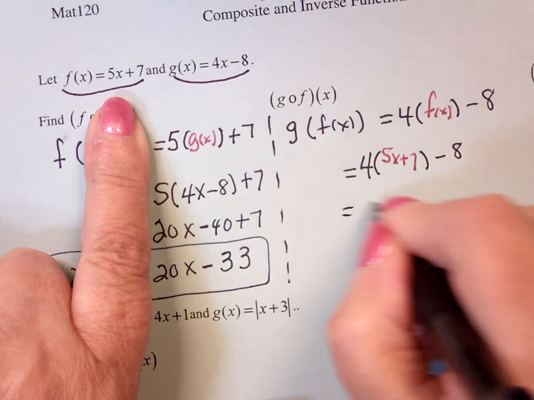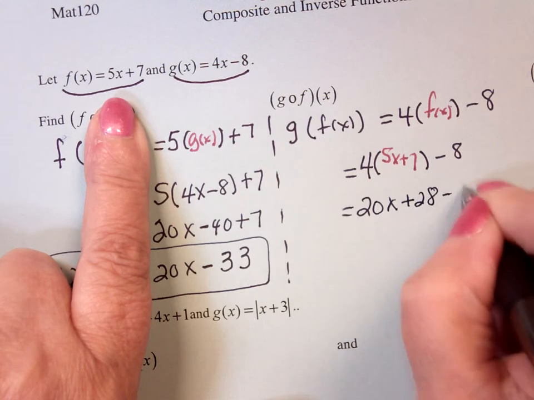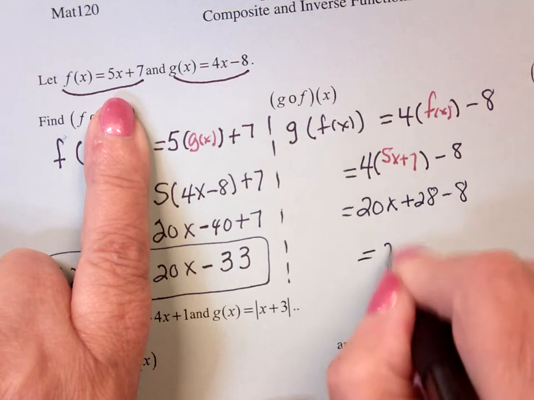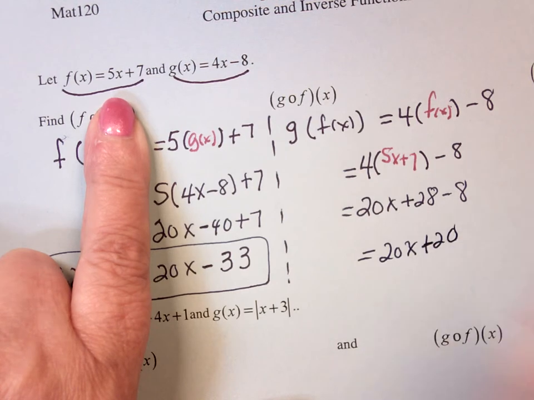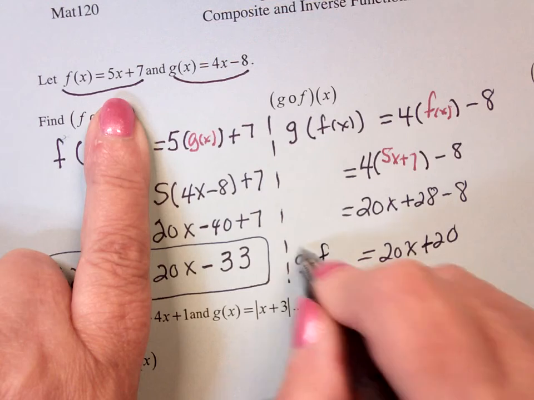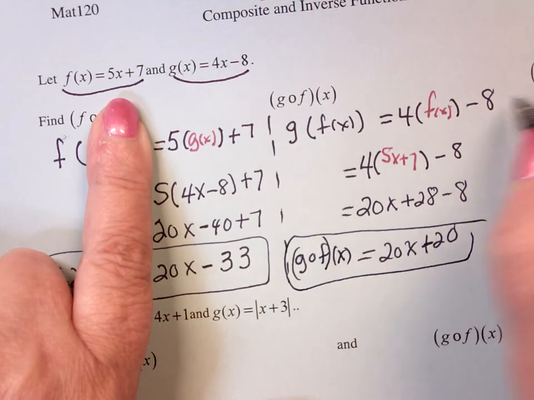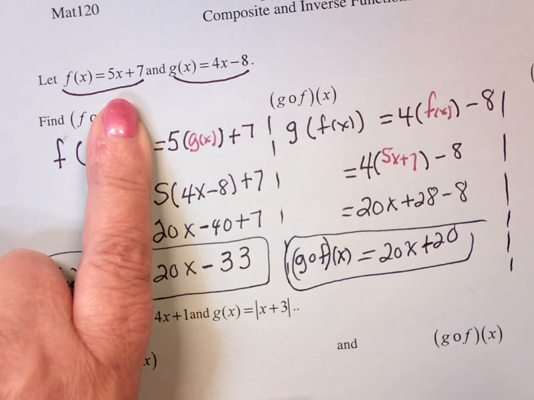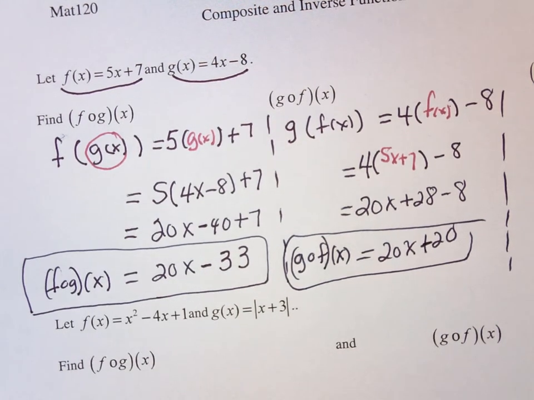Now remove parentheses, you get 20x plus 28 minus 8, which is 20x plus 20, and that's g o f. So I have g o f and I have f o g.